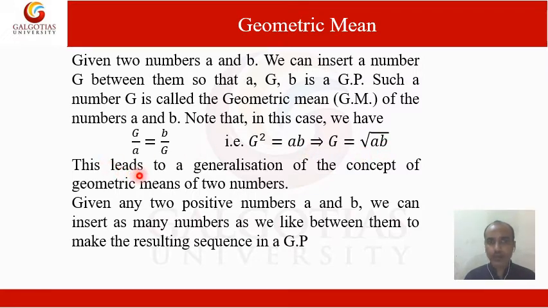This leads to a generalization of the concept of geometric means of two numbers. Given any two positive numbers a and b, we can insert as many numbers as we like between them to make the resulting sequence of terms form a GP.